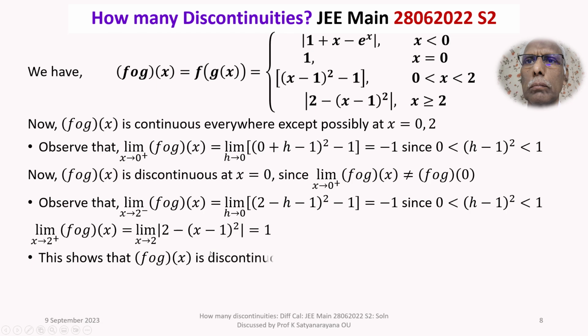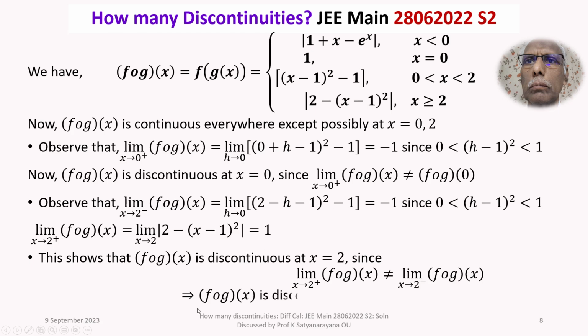The f composed g of x is discontinuous at x equal to 2 because the right limit is not equal to the left limit. One is 1 and the other is minus 1. So they are not equal. Therefore, it is not continuous. It is discontinuous at x equal to 2, and it is also discontinuous at x equal to 0.